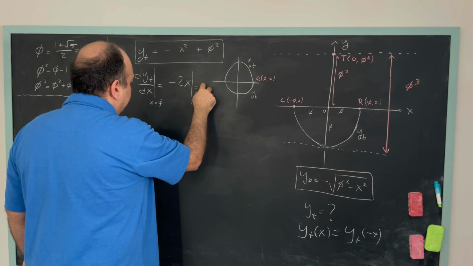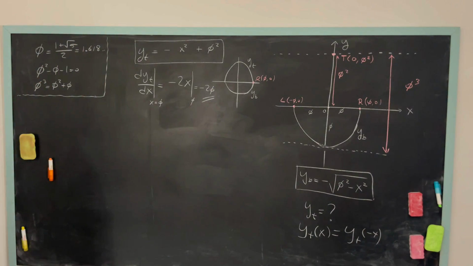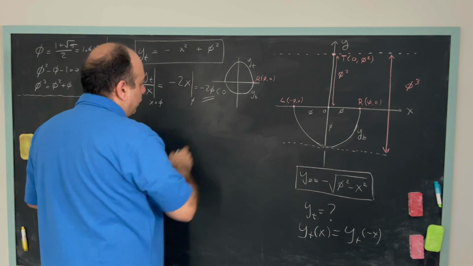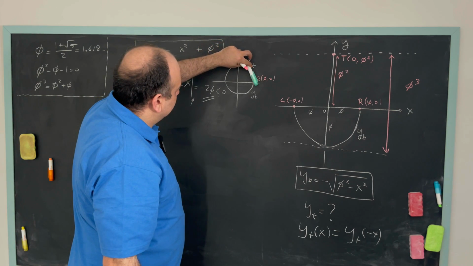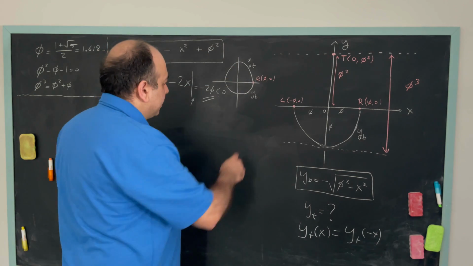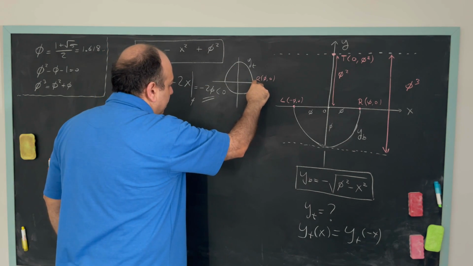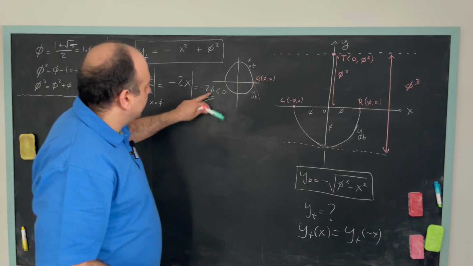So this is simply equal to minus 2 phi. It is less than 0. Why? Because if I look at the top function, right, the slopes are all negative. So at x is equal to phi, the slope would be just negative, right? So just assume this parabola is continuing like that, right? So the slope here would be negative.